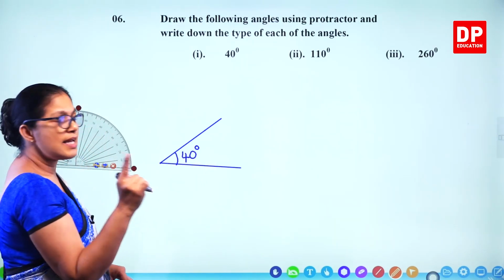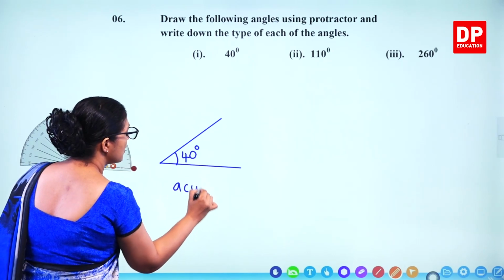So less than 90, so this is an acute angle.